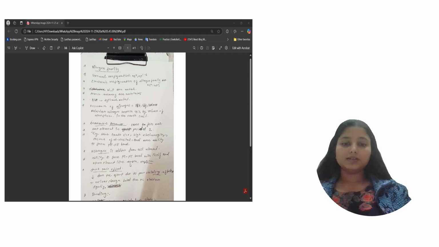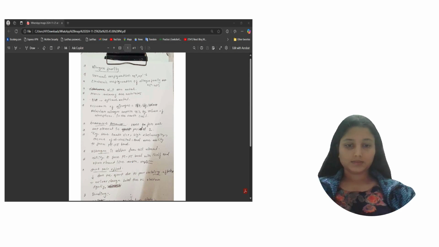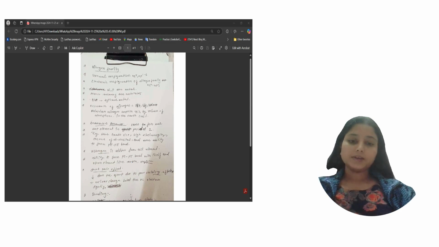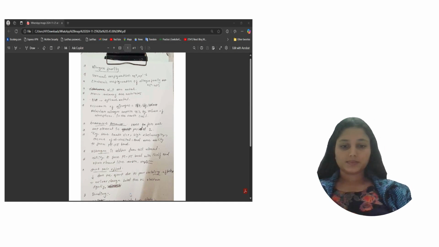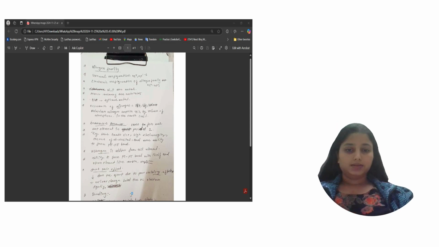Now we see the anomalous behavior of these elements. If we talk about period number 2, all elements show anomalous behavior. They have small size, high electronegativity, absence of d orbital, and more ability to form p-pi bonds.